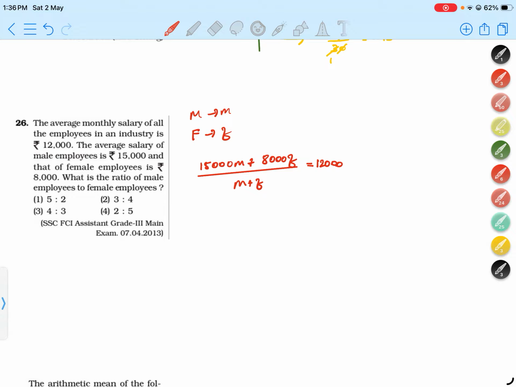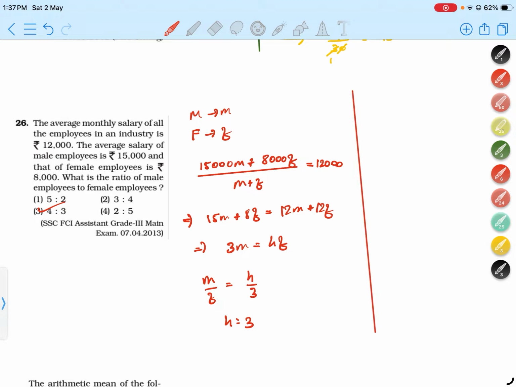Solving this, we can get the ratio of M to F. So this will be 15M plus 8F is equal to 12M plus 12F, which gives us 3M equals 4F. So M over F is equal to 4 by 3. So the ratio is 4:3, option number 3. Now let us also do this using the method of deviation.